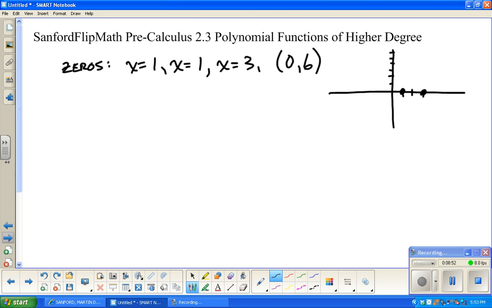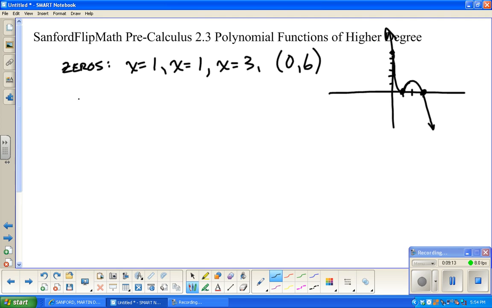Okay, so I am going to give you a rough sketch of this. Well, that can't be it. I guess it can. All right, so anyway, that's a rough sketch of what we're talking about. Okay? All right, so let's do it.